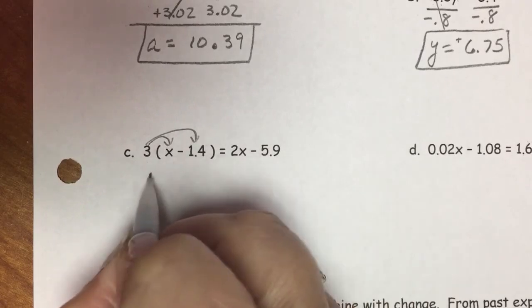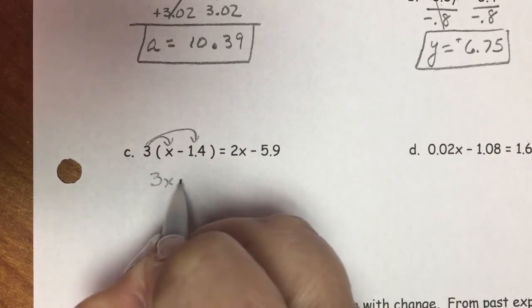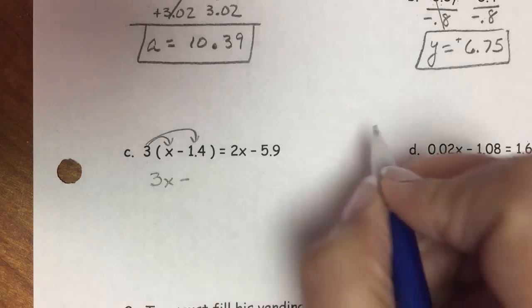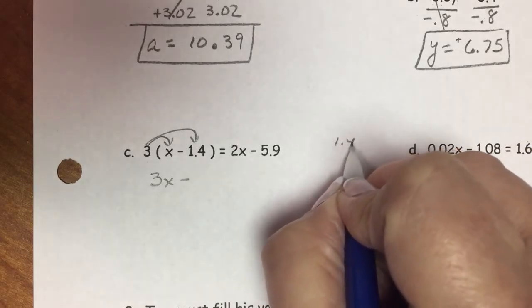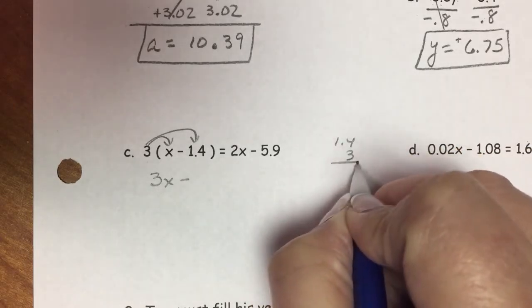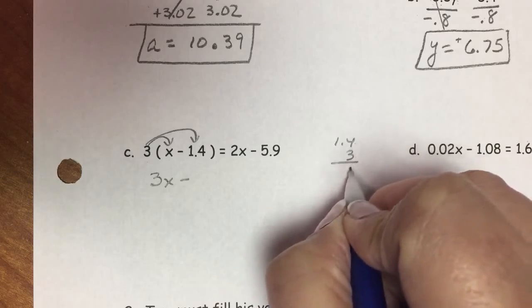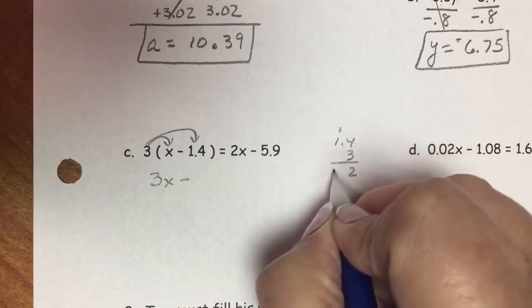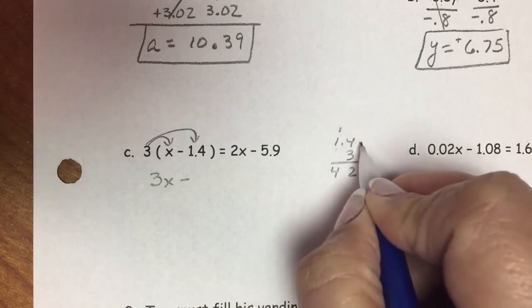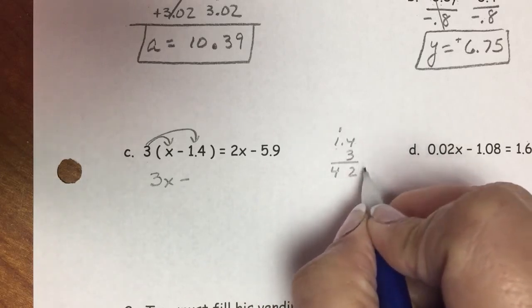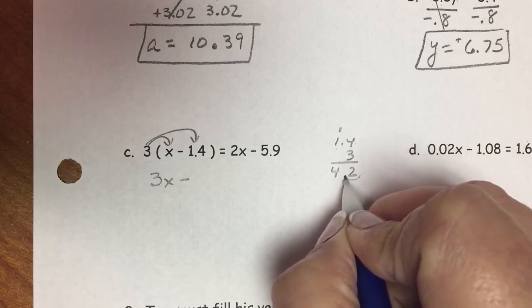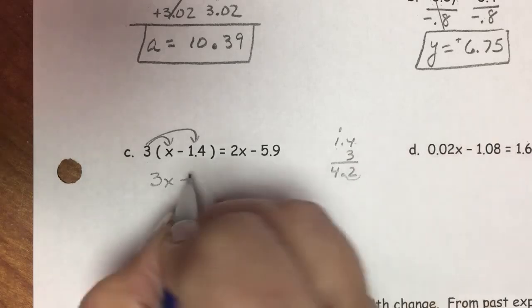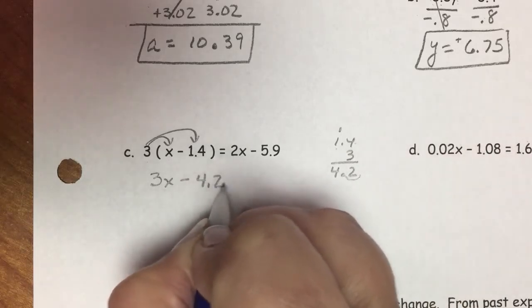So 3 times x is 3x minus, well, what's 1.4 times 3? 3 times 4 is 12. Carry my 1. 3 times 1 is 3 plus 1 is 4. Since there's one number to the right of the decimal, I move my decimal point back one place, and I get 4.2.